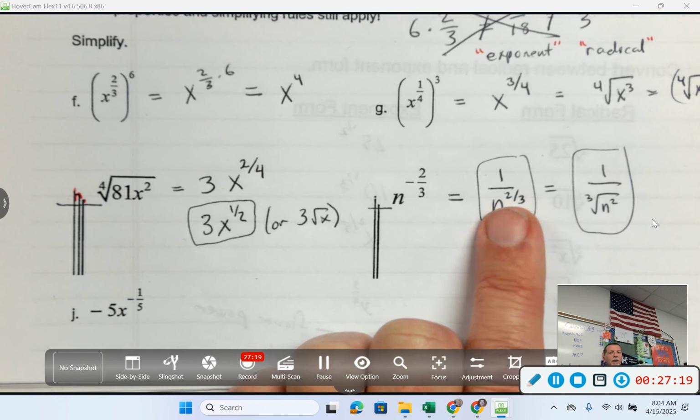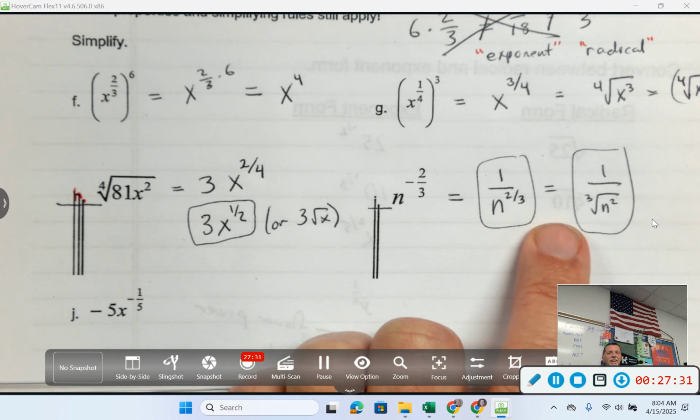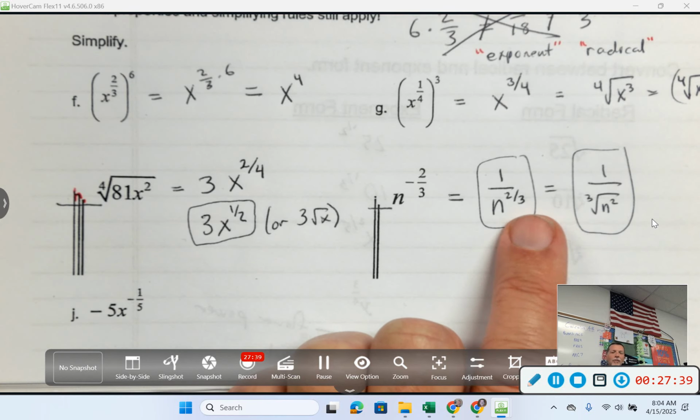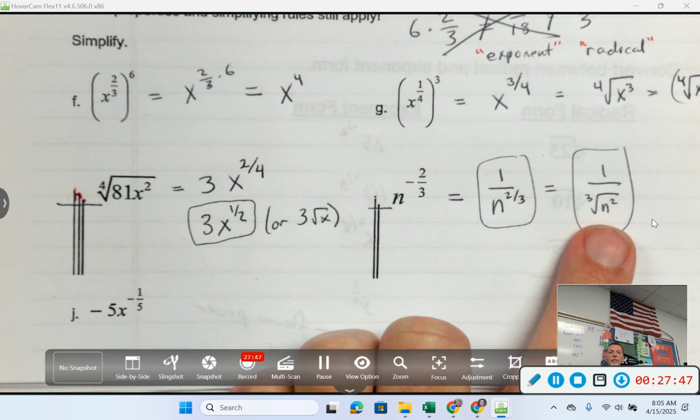If you multiply it by itself, you'd end up with n to the 4/3 in the bottom, and you still have a problem. Not reciprocal, because with the reciprocal you would add 2/3 and 3/2, so that wouldn't help. You'd have to multiply by n to the 1/3, because then you'd get n to the 3/3, which is just n. I don't think we do that. I think we're going to be okay with this.